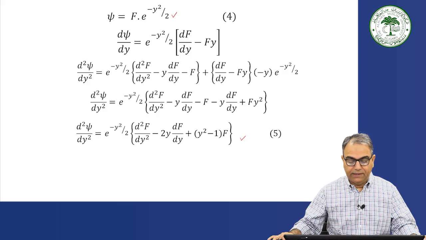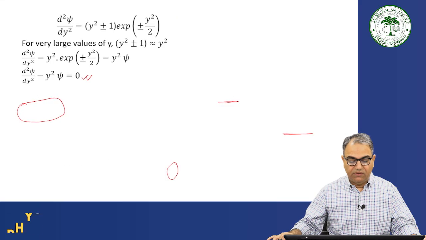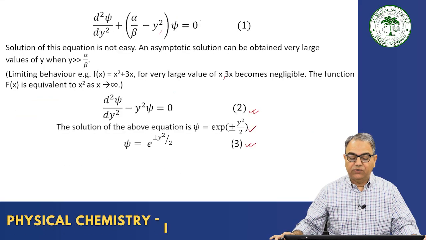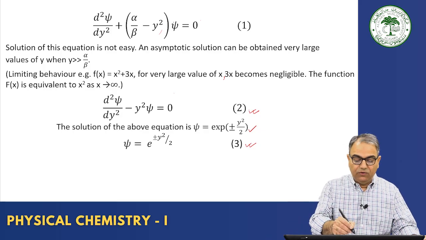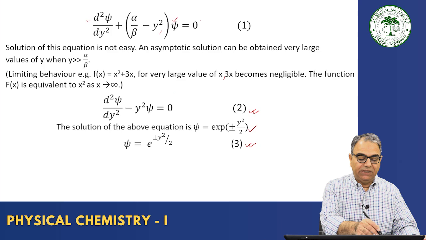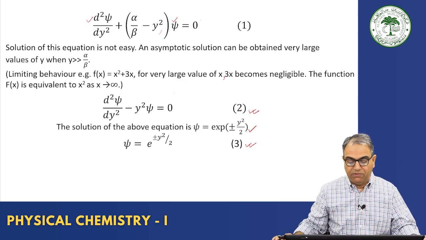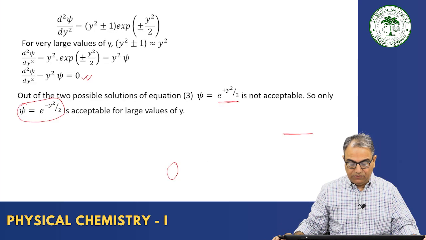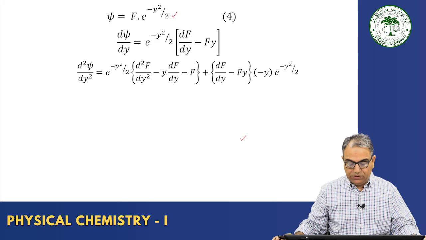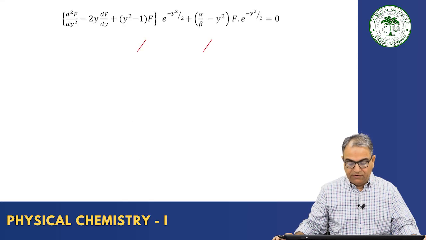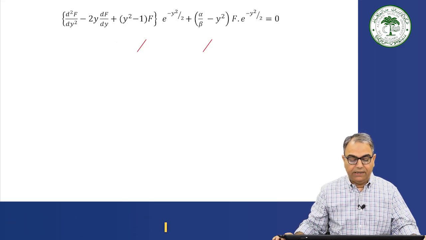what was the solution? We should go back. Equation number 1 was this: d²ψ/dy² plus (α/β - y²)ψ. So, the ψ value also we have found and d²ψ/dy² also we have found in equation number 4 and 5, and we replace these. If you put these values into equation number 1, what you get is this one. Okay.